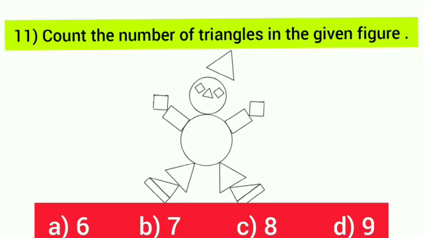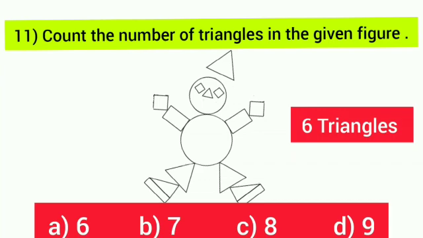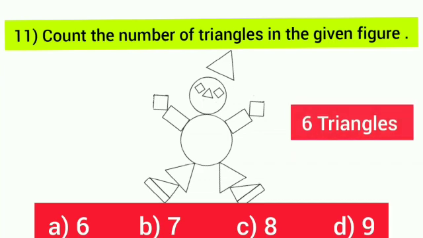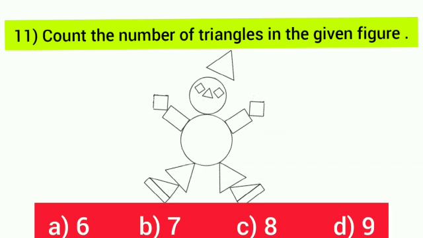Let's count how many triangles are there in this figure. 1, 2, 3, 4, 5 and 6. There are 6 triangles in this figure. This answer is given correct on option A. So we will put tick on option A.